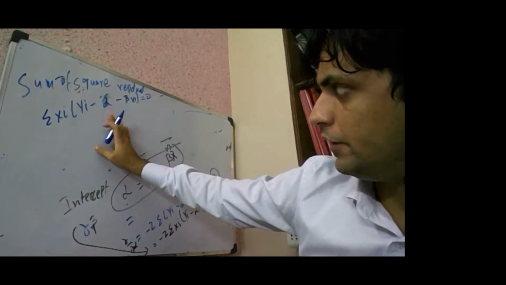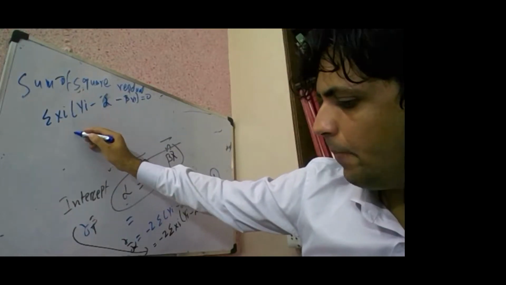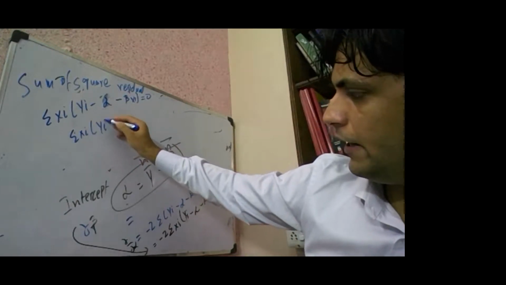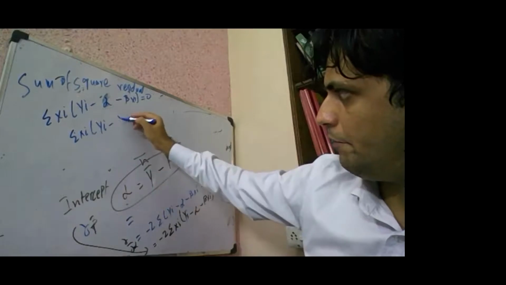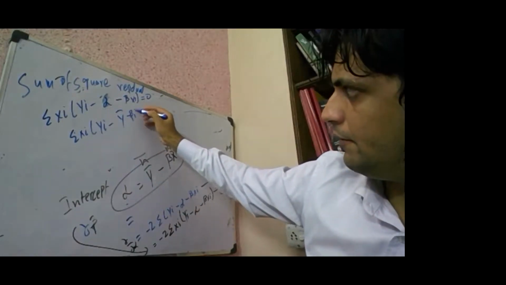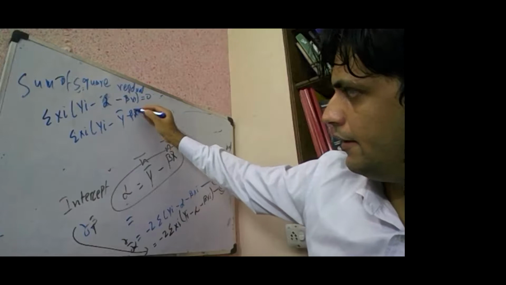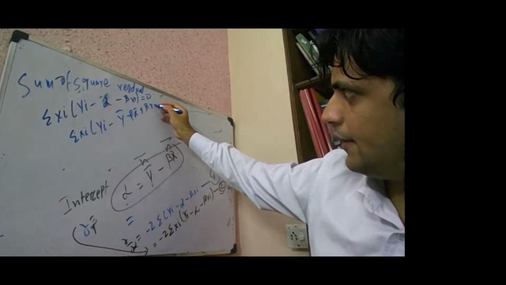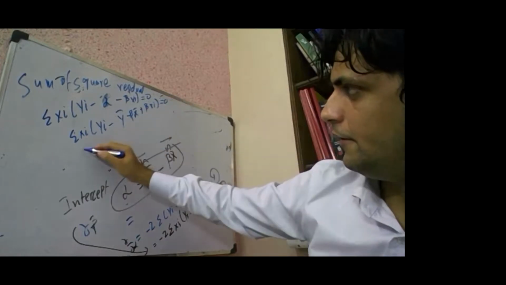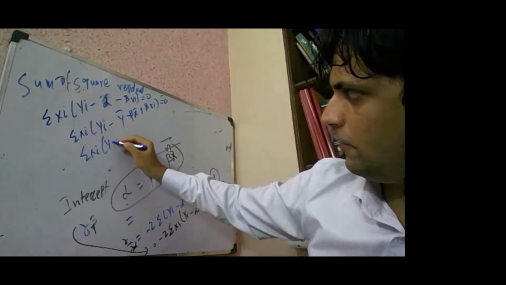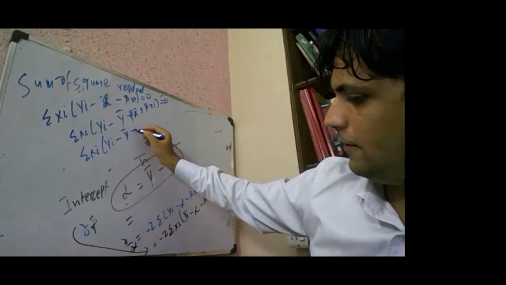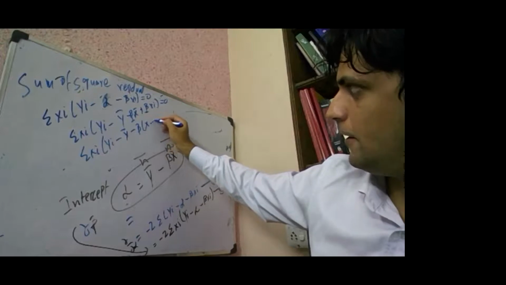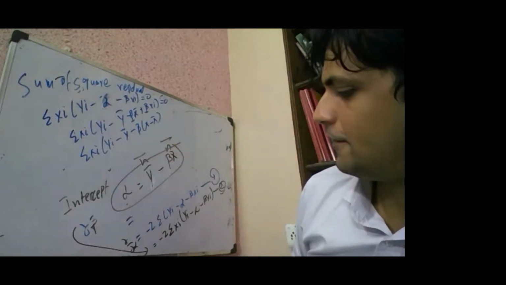We will get sum of xi yi minus y bar plus beta x bar minus beta xi equals 0. Sum of xi yi minus y bar minus, here beta is common, so beta x minus x bar. Can I write this? Yes, I can write this.